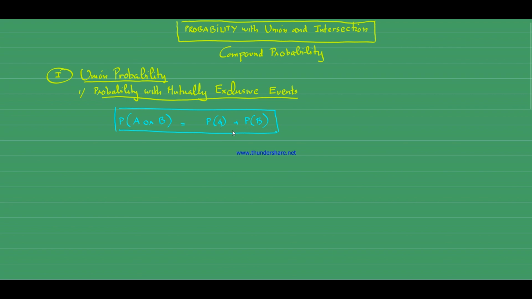Sometimes I can write it as the probability of A union B. Now let's start with our first example.